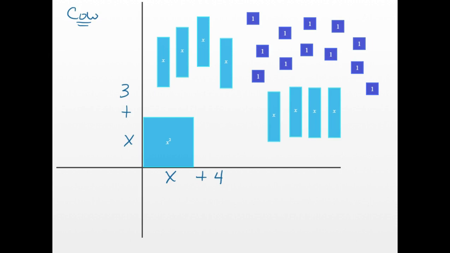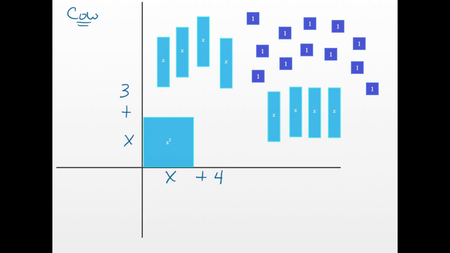So we're going to look at these algebra tiles now, or look at this model for the cow's pen using algebra tiles. If you don't have access to algebra tiles, don't worry, you can draw this diagram yourself. You would just start out with a square and label each side length of the square x by x. We then determined that we were going to extend the side length of one of the sides by 4 units.